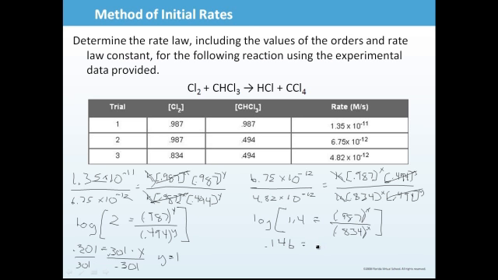Okay, and then on the right side, take the log of that entire expression, 0.987 divided by 0.834. And on the right side, we got 0.073 times x. And again, we want x by itself, so we're going to divide both sides by 0.073.